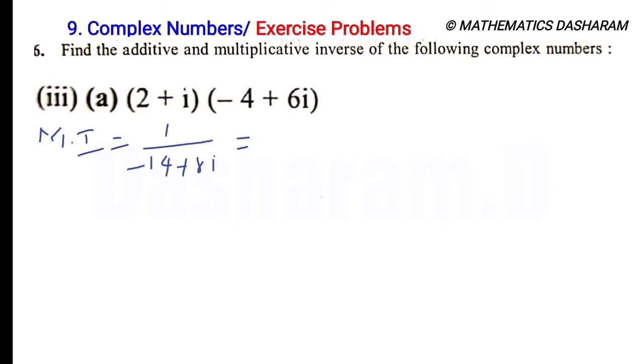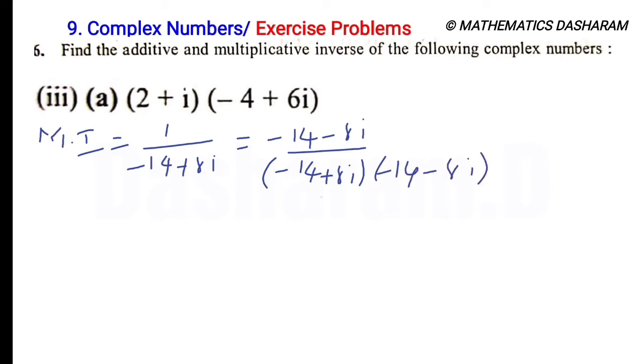So now the conjugate of the denominator is minus 14 minus 8i, divided by (minus 14 plus 8i) into (minus 14 minus 8i). So it is equal to (minus 14 minus 8i) divided by (a minus b) into (a plus b).